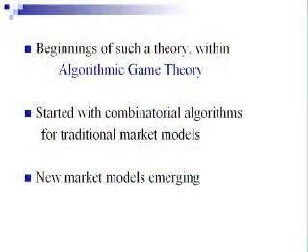Fortunately, the beginnings of such a theory has started within algorithmic game theory, and it started with the design of combinatorial algorithms for these traditional market models of Fisher and Arrow-Debreu and Walras. And lately, new market models have been emerging, and my talk will concentrate on these new market models mainly.